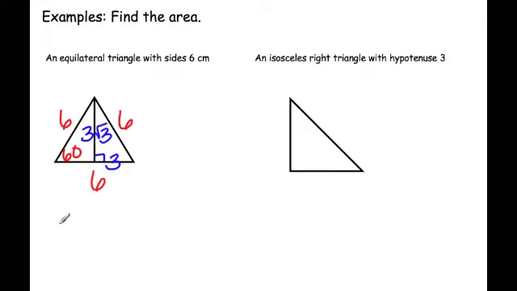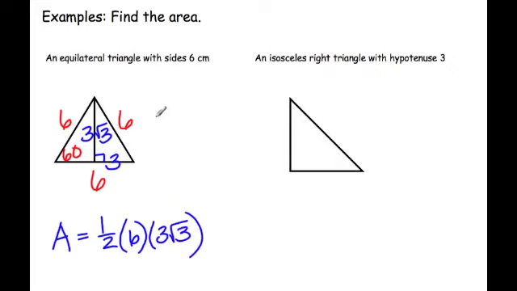So solving for the area formula, it's going to be 1/2 times 6 times 3 square root of 3. Please don't make the mistake a lot of students make where they use 3 rather than the whole base of 6. So our answer is going to be 9 square root of 3 centimeters squared.